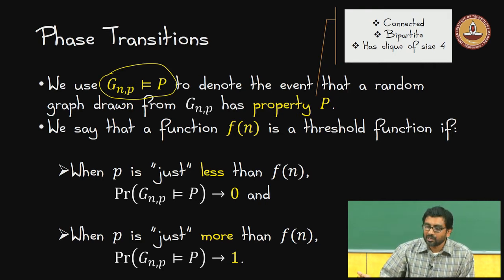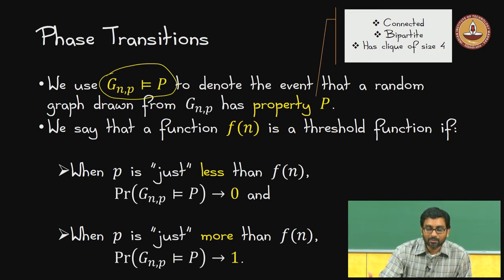It could be any graph theoretic property: the graph is connected, or bipartite, or has a clique of size 4, or whatever. We can ask, does a graph drawn from this probability space have that property or not? That is the event, and then you can talk about the probability of that event.